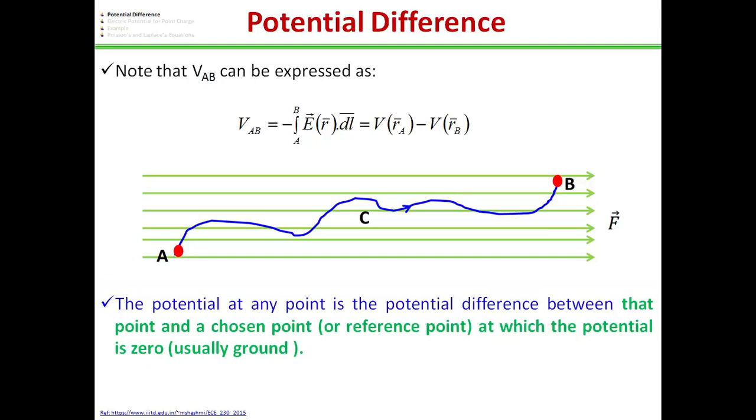In other words, if one assumes zero potential at infinity, then the potential at a distance r from the point charge is the work done per unit charge by an external agent in transferring a test charge from infinity to that point.